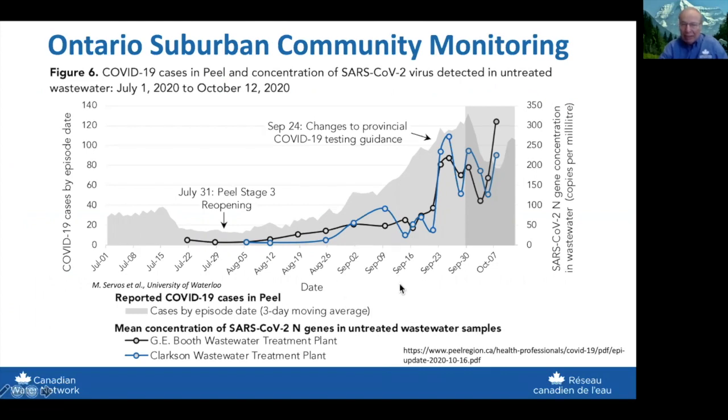epidemiology update. So the gray mountain in the background are the cases, and the two lines represent monitoring of two different wastewater treatment plants within Peel region. And you can see that there is tracking there.